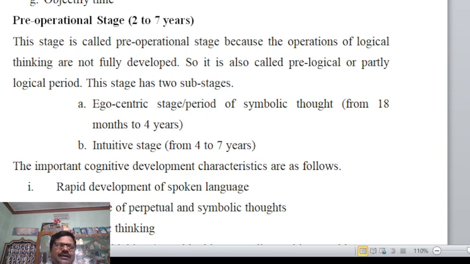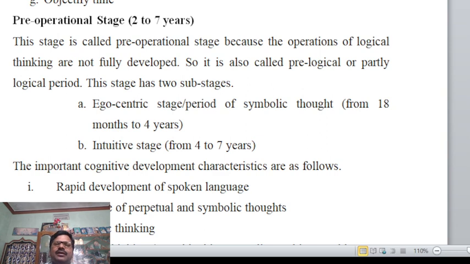The logical thinking is not fully developed. In the pre-operational stage, no fully logical thinking will be developed, but some logical thinking will be developed in the mind of the child. That is why it is called the pre-logical period or partly logical period.